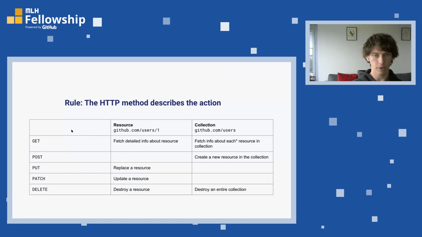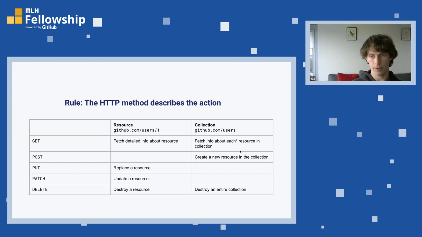When we're sending a GET request to a resource URL, we're asking for detailed information about a single resource. When we send a GET request to a collection URL, we're asking for less information about every resource in the collection. Sometimes that information will only be the resource URL for each of the resources in the collection. It's really up to the API for how they want to define that.